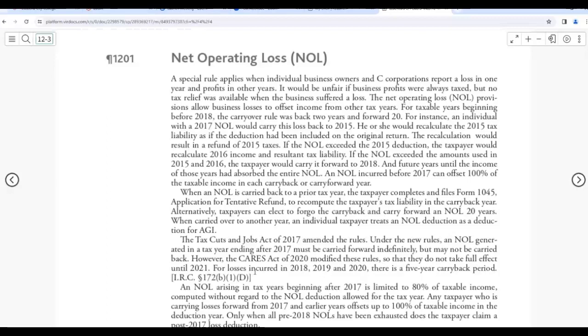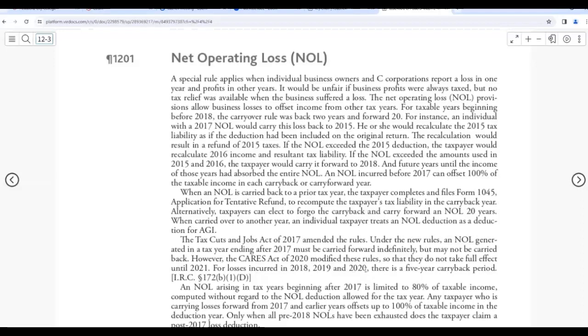Okay? So that's why I said don't memorize anything, because by the time you memorize something, they're going to change it. All you need to know is to get to this point when it's necessary, study that specific rule, and apply it to your situation in your client's tax year.